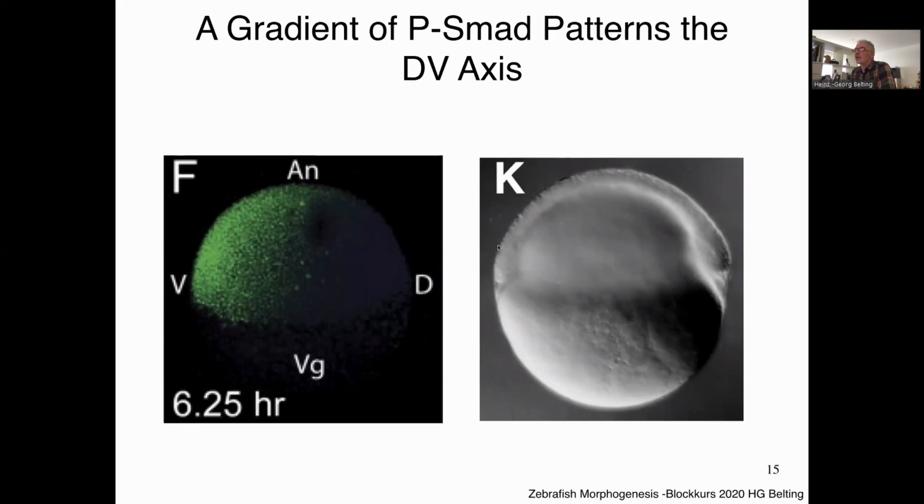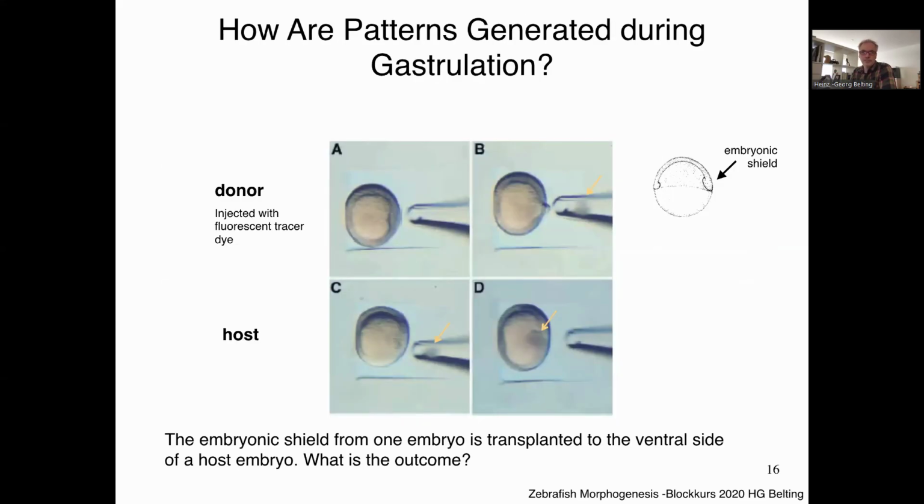So you make an embryo that actually has two shields. And this is what is done here. You suck out the shield from a donor, you transplant it on the ventral side of the host, and you label them with a fluorescent marker so that you can later detect the cells that you actually did transplant.